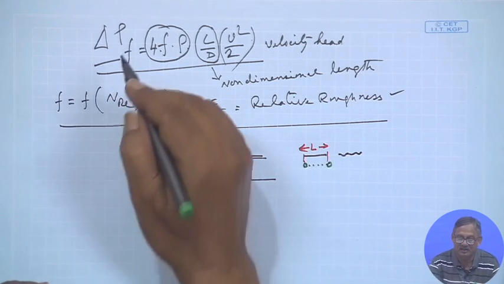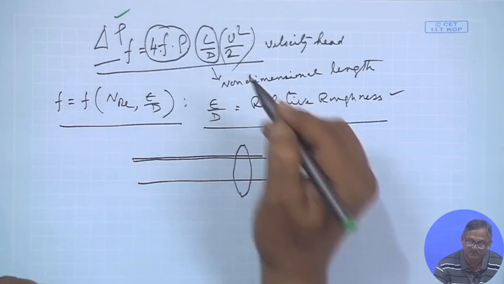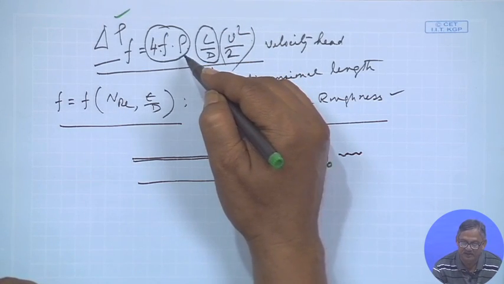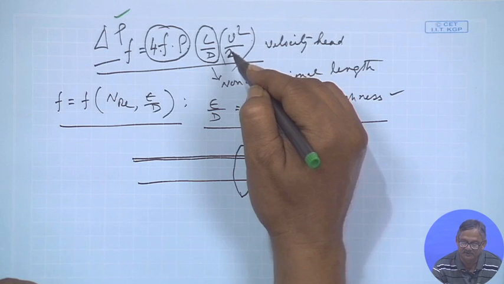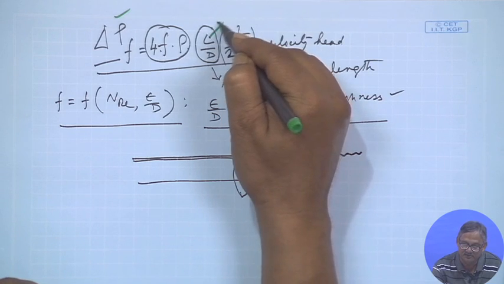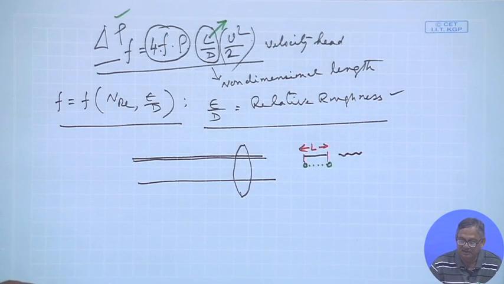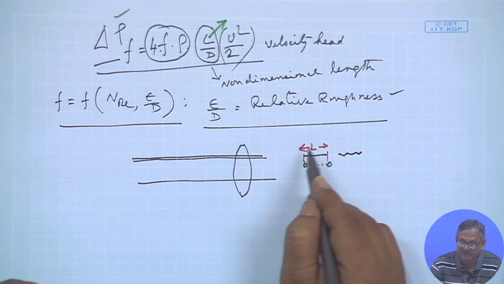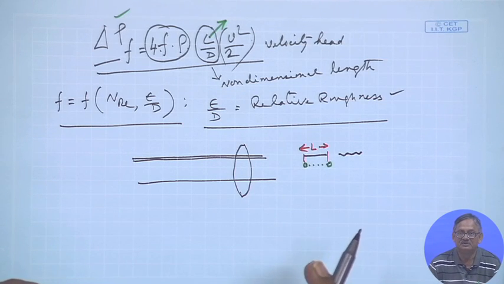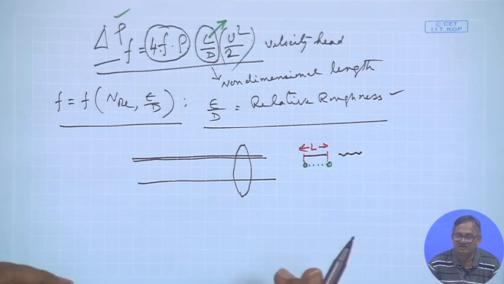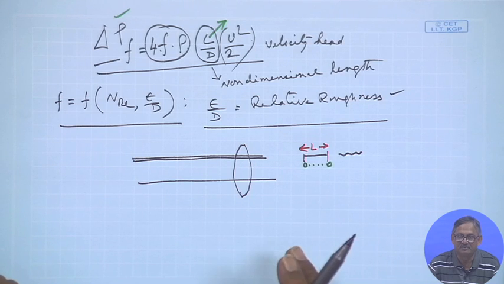which in delta Pf equal to 4f rho L by d v square by 2 we have considered to be L, right. So, this L was considered whether it is laminar or turbulent, it does not matter.